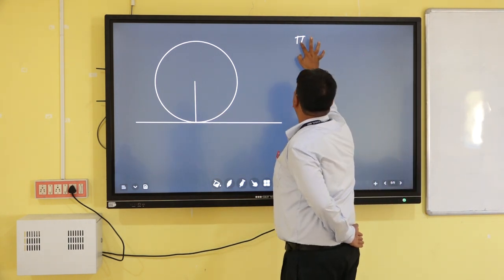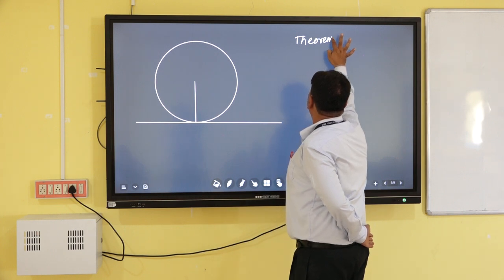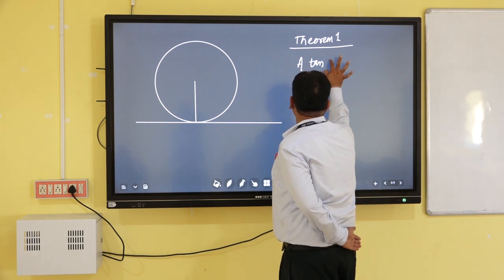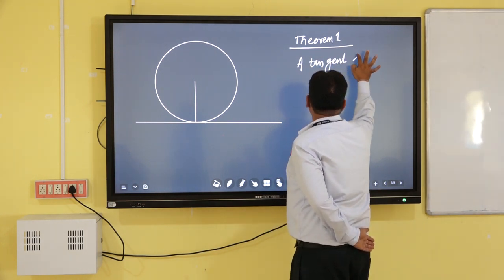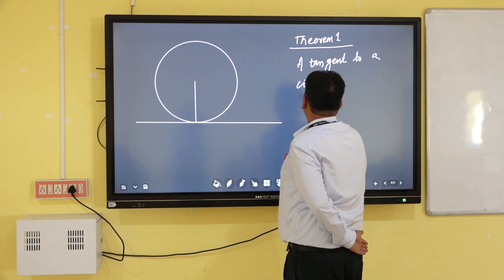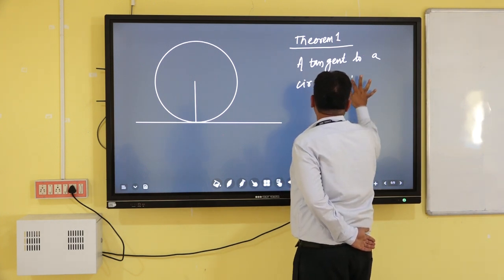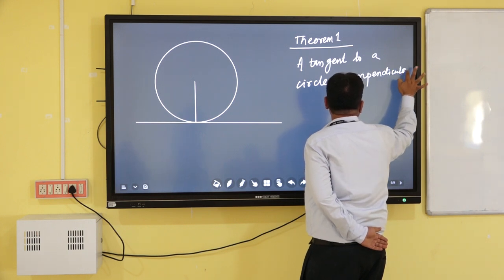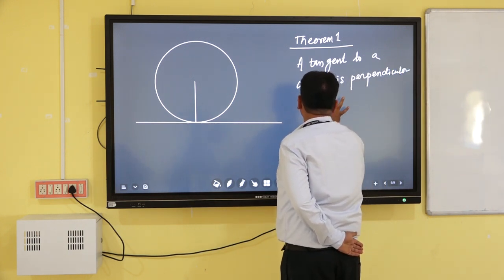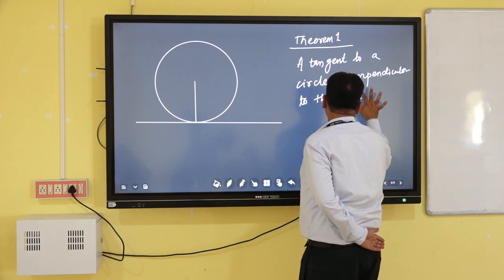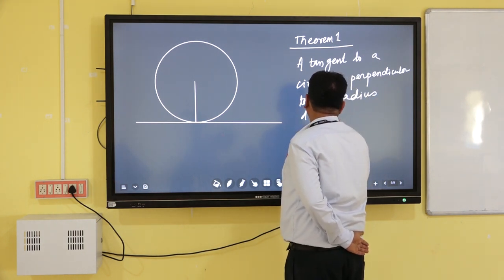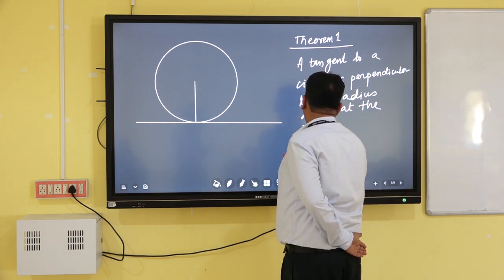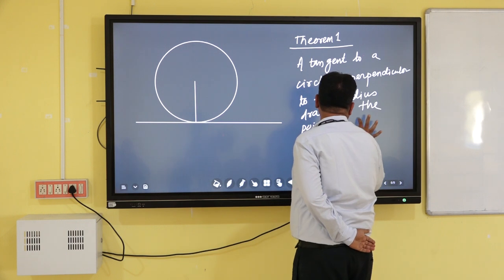The first theorem says that a tangent to a circle is perpendicular to the radius drawn at the point of contact.